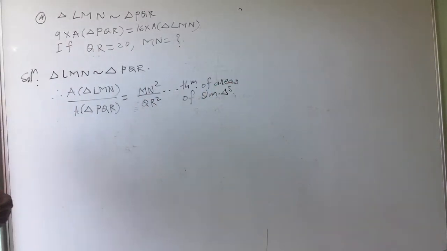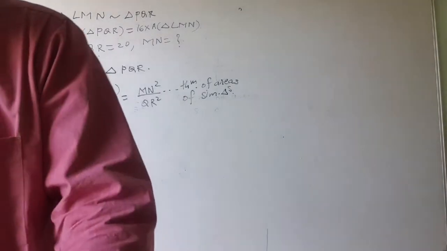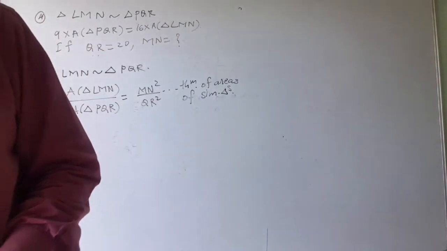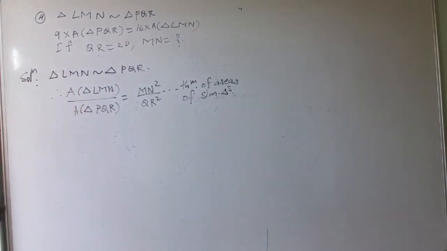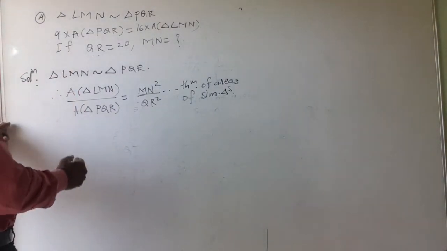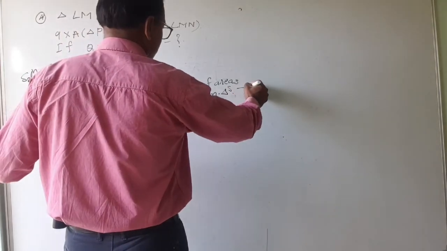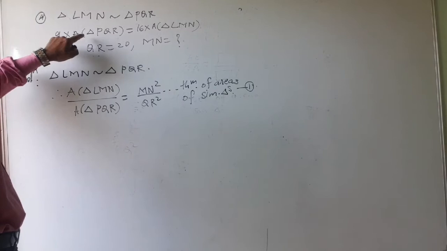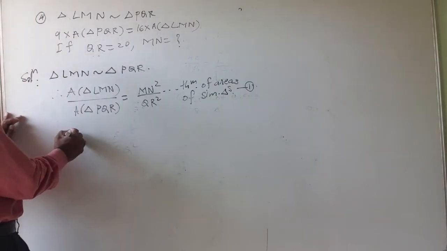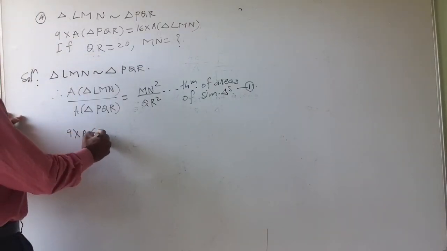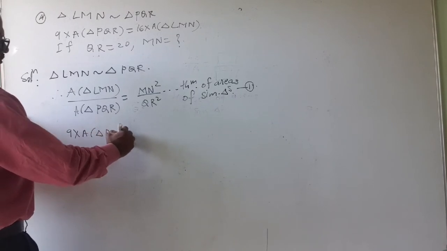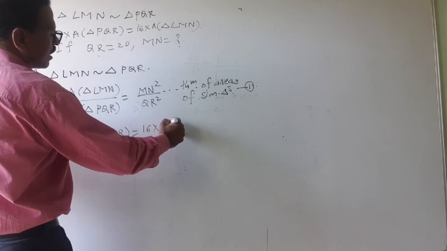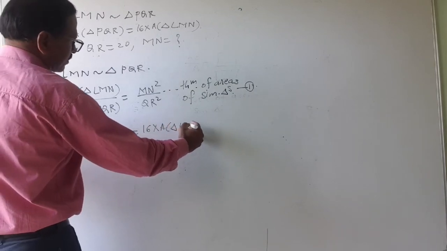The reasons we have to give definitely. Now this is number 1. This ratio is how much? From this I can take 9 into area of triangle PQR is equal to 16 into area of triangle LMN.